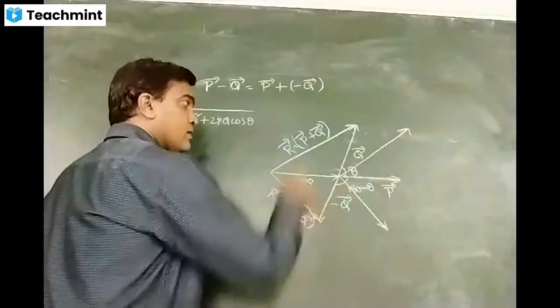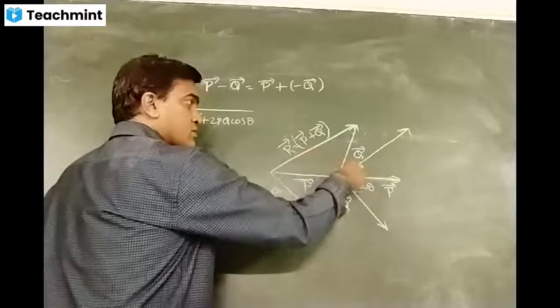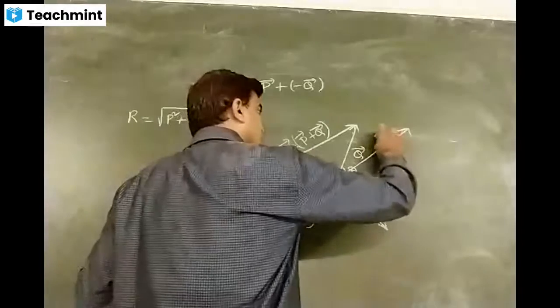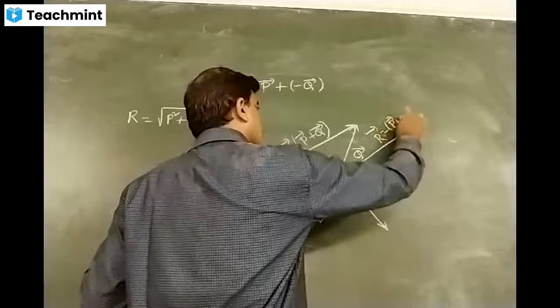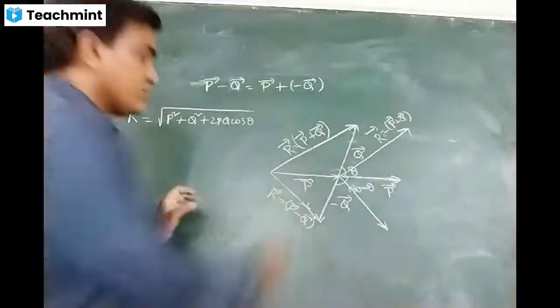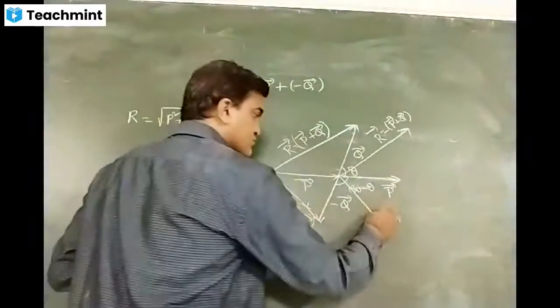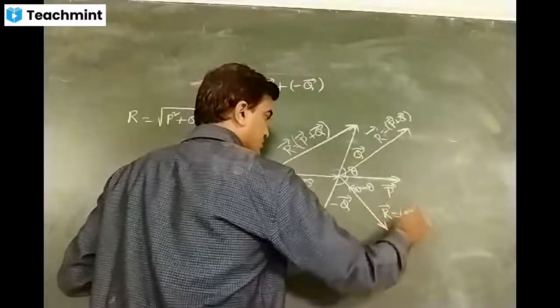How are these two? Parallel. That means the resultant here is p bar plus q bar, because they are parallel to each other. Now, if this is p bar minus q bar, what should this resultant be? P bar minus q bar.